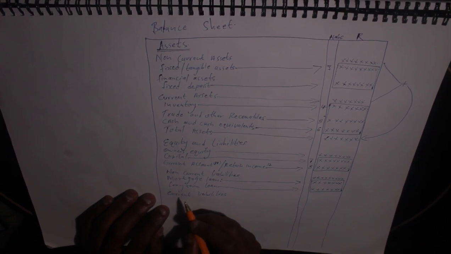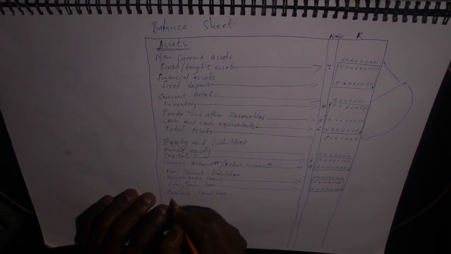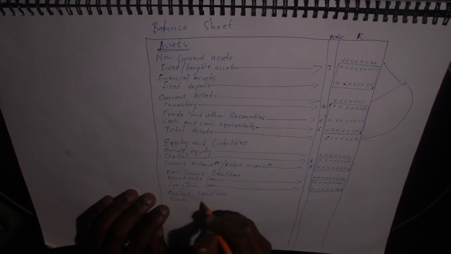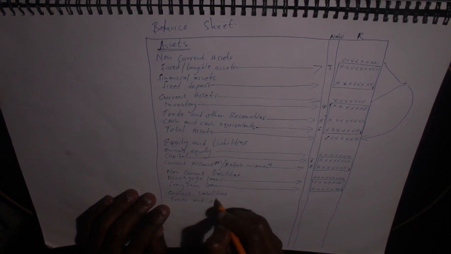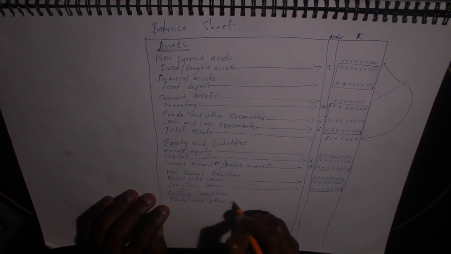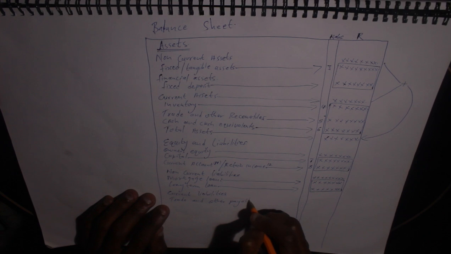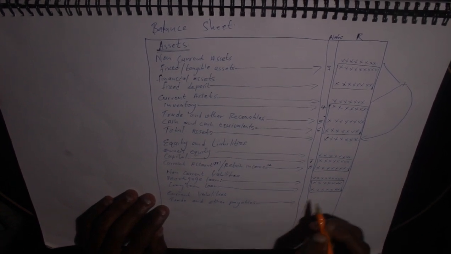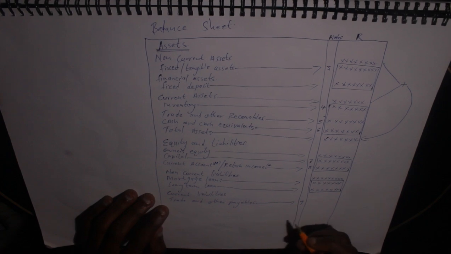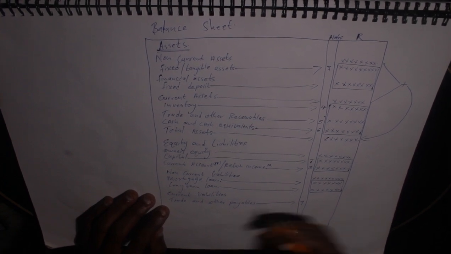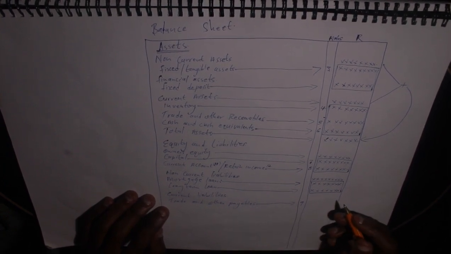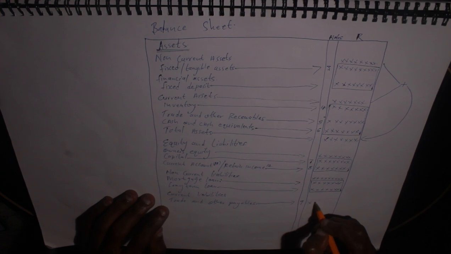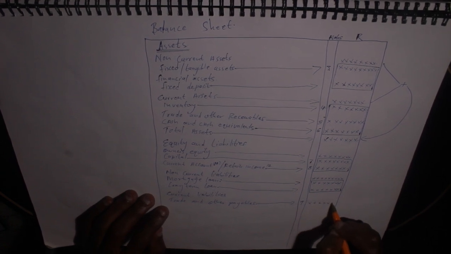Now, under current liabilities, we have what you call trade and other payables. Trade and other payables, this is note number 9. So we'll deal with that, of course, when we are dealing with the notes.